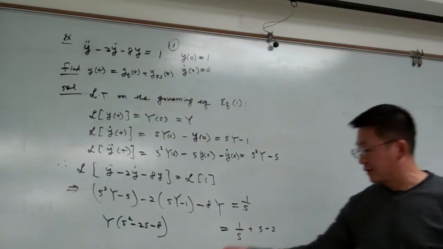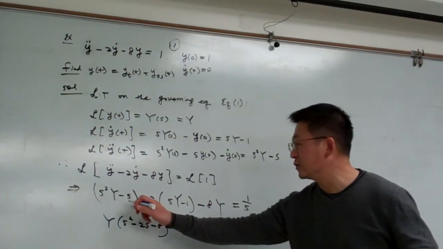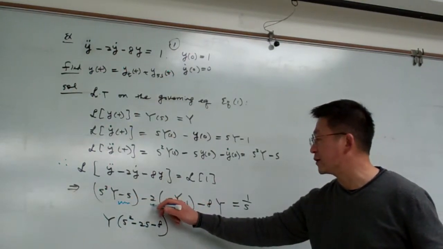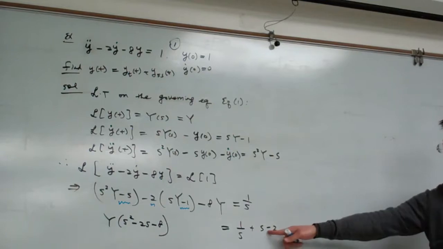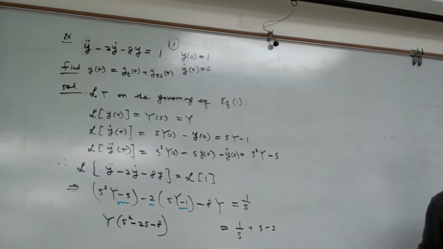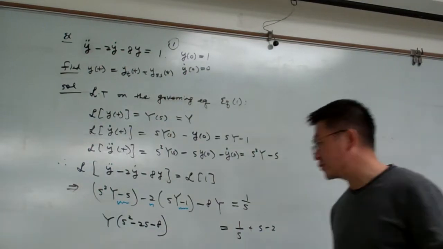Basically from here to here, I simply move this term and this term to the right-hand side and it becomes like this. You good? Because my goal is to determine the expression of Y.